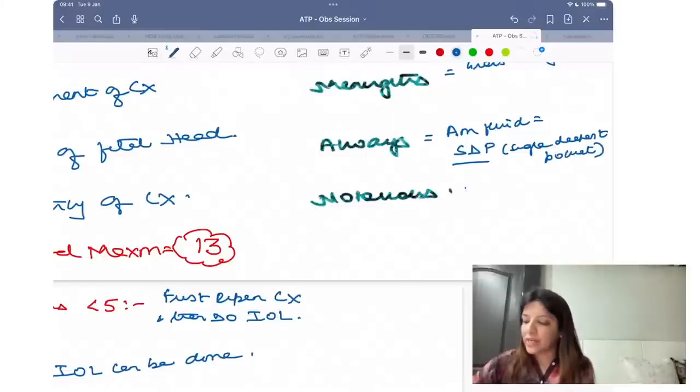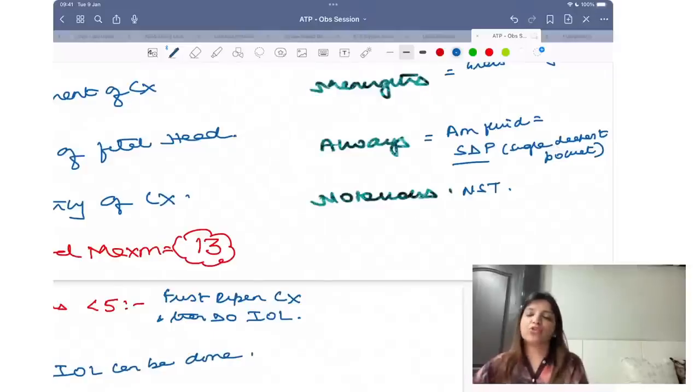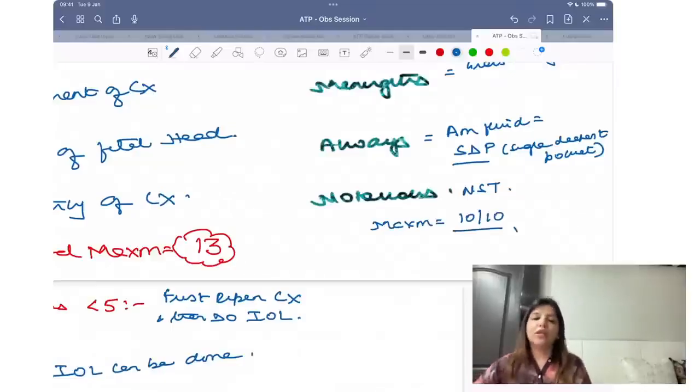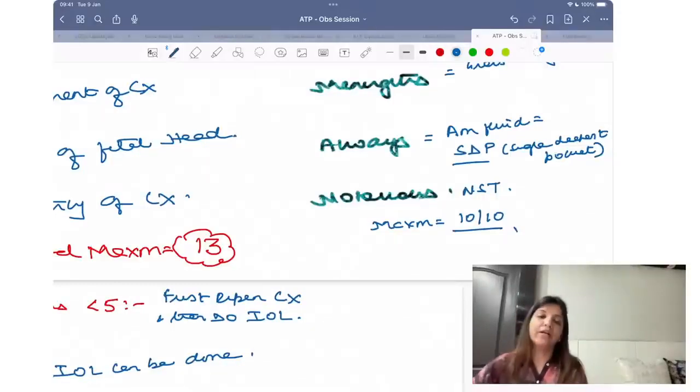And N stands for NST. To each of these parameters, you have to give a score of 2 or 0. And so the maximum score is 10 by 10. Clear to all of you?